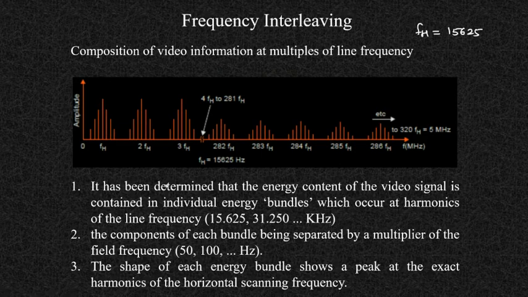When I say line frequency, it's nothing but the intensity information or the brightness information, so it will affect the brightness. Now I need to interleave my color subcarrier somewhere in between, so that it does not affect. But I can't interleave my color subcarrier here, because I already have very high amplitude line and brightness information here.